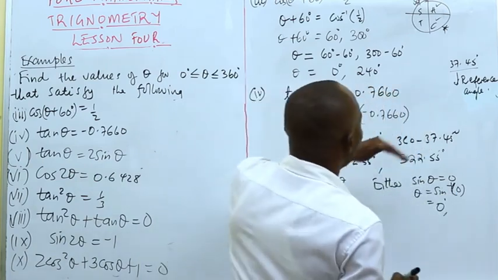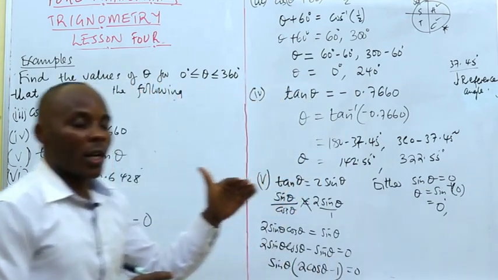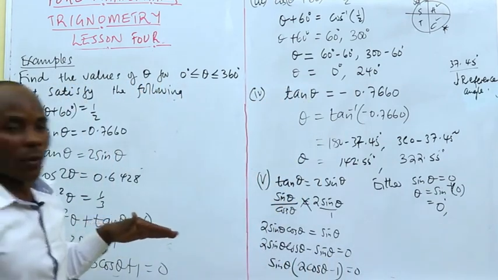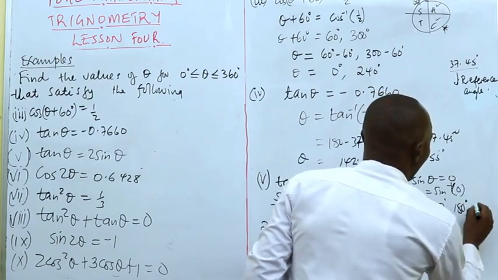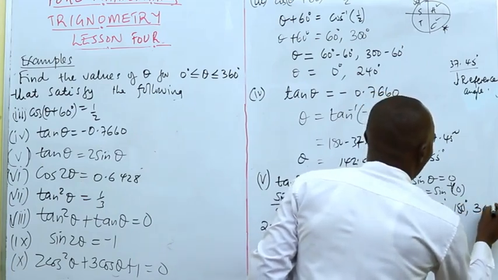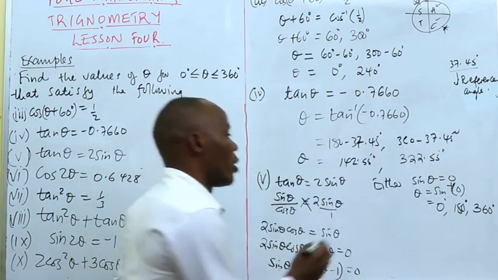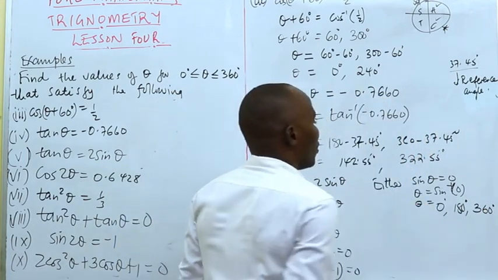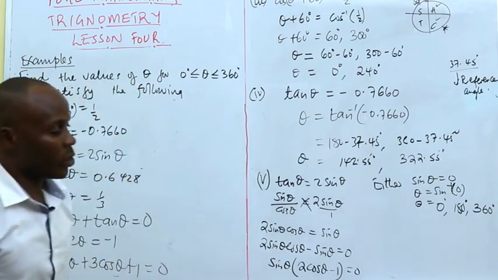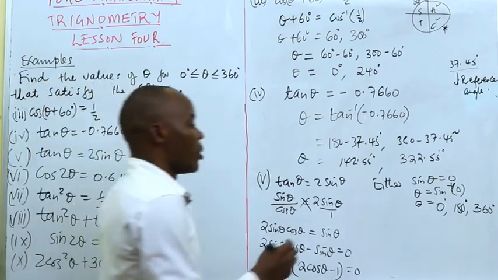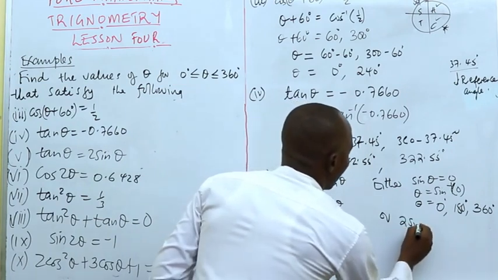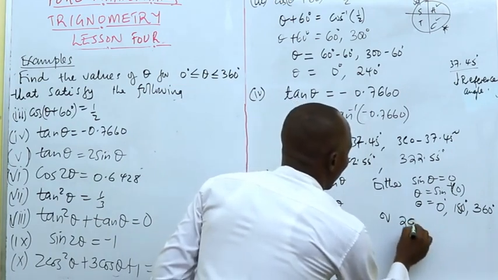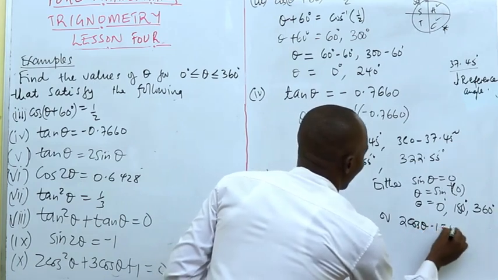In other words, all the angles on the horizontal line, we have 0 degrees, we have 180 degrees, we have 360 degrees. All those angles will give you a 0 if you press them. Or here we have 2 cos theta minus 1 is equal to 0.